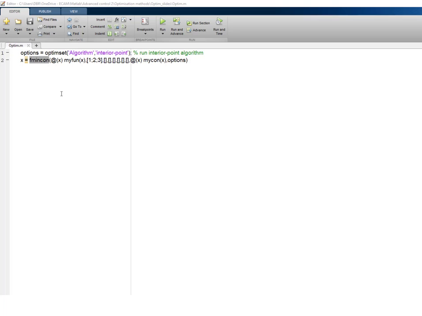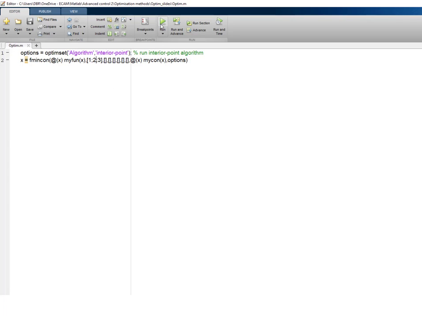This is the code that you have to run. My fun and my con have been defined in the slides. Notice also that we have here a starting point for the numerical method. We'll come back to this in the next section, where we'll talk about numerical optimization, but for problems without constraints.